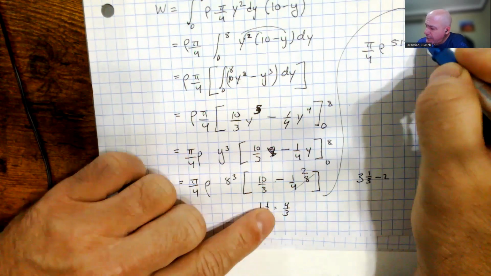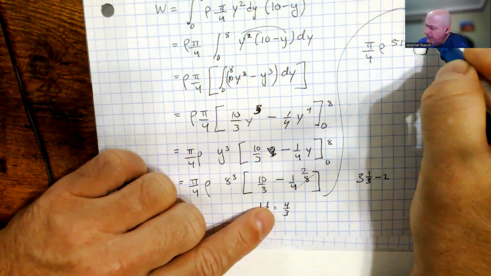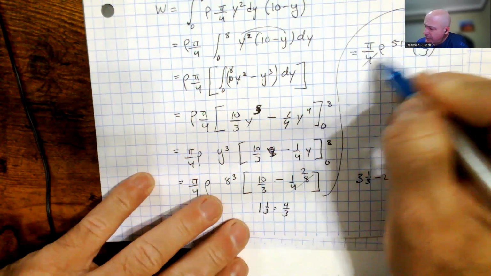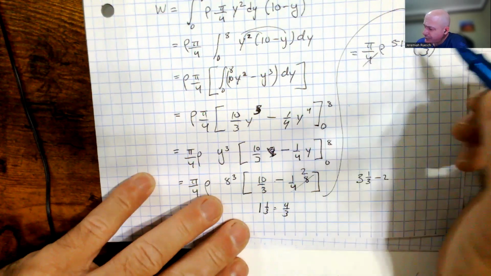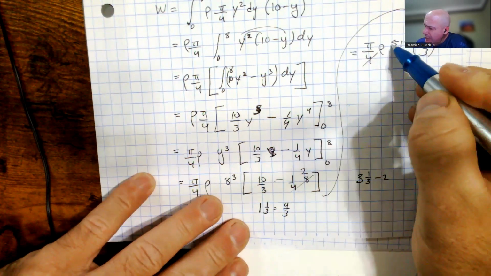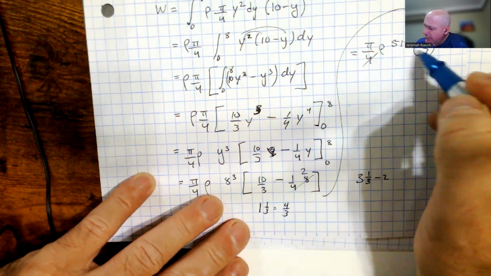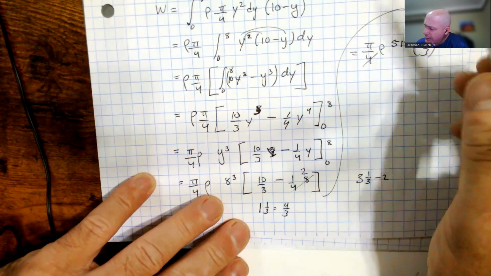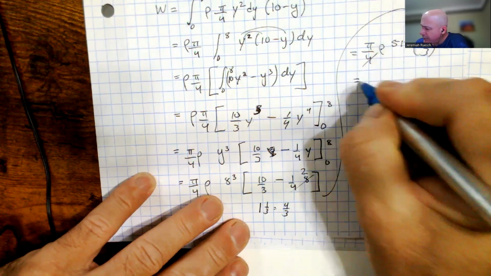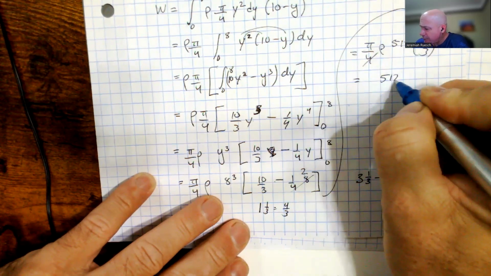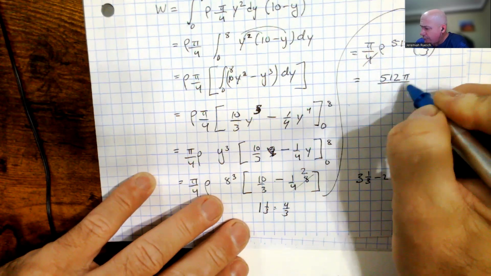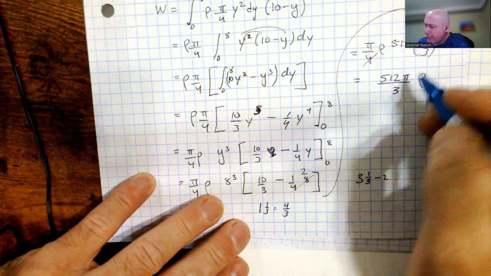And then we have the 4/3 here. This is nice because the fours will cancel out. Is this divisible by 3? We have 5, 6, 7, 8. So no, 3 doesn't go into that evenly. So it looks like the final answer is going to be 512 pi over 3 times rho.